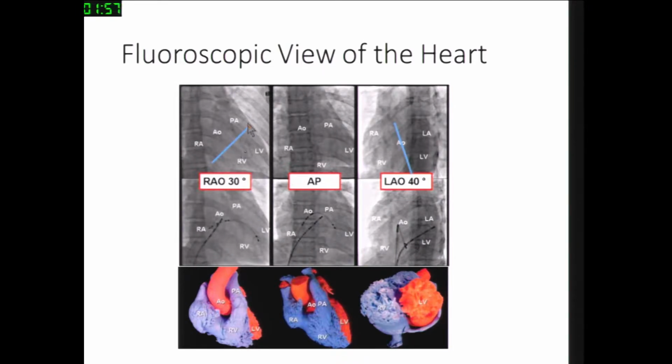By drawing this line, we can divide the atrium and ventricle like this. In the LAO view, you can see the chambers, and at the parasagittal plane the septal line is drawn like this, separating RV and LV.